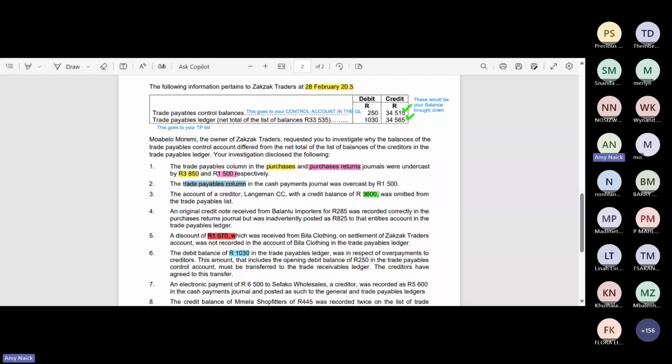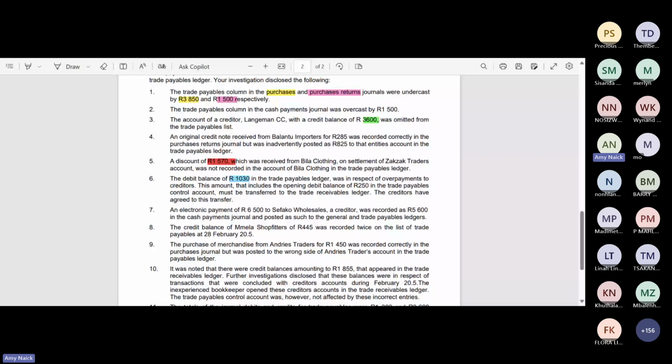So when we're looking at the required and going back to the solution, we're not touching anything in the listing. We're only looking at the control account. Effectively, the payment that was reducing the trade payables account was overstated by 1,500 Rand. So we need to adjust. That's why we increase the trade payables account.